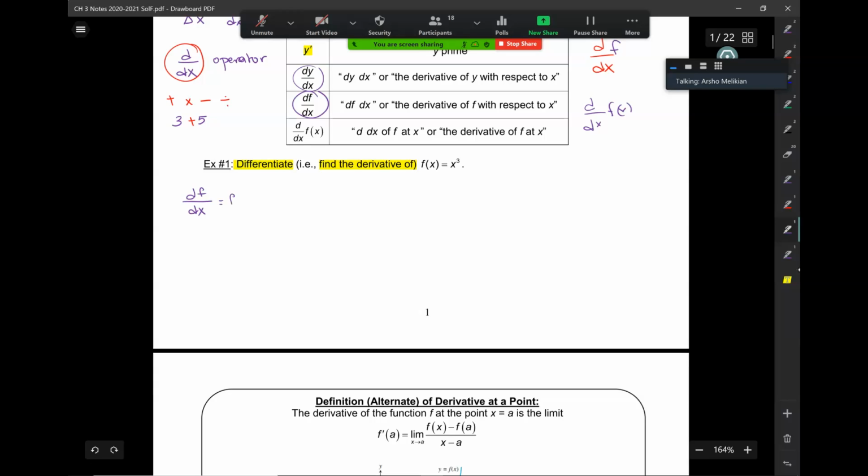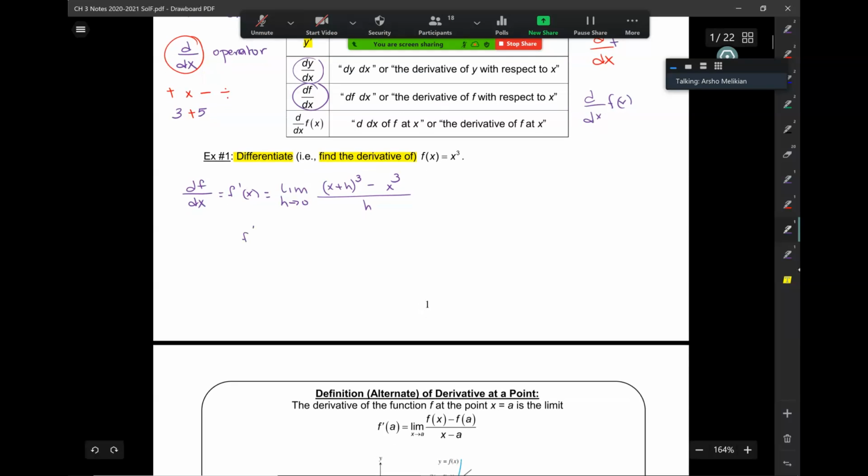So df/dx, which is also called f prime of x, you could use either of those, is the limit as h approaches 0 of f of x plus h minus f of x over h. And here we're finding the derivative using its definition. So f prime of x is the limit as h approaches 0.